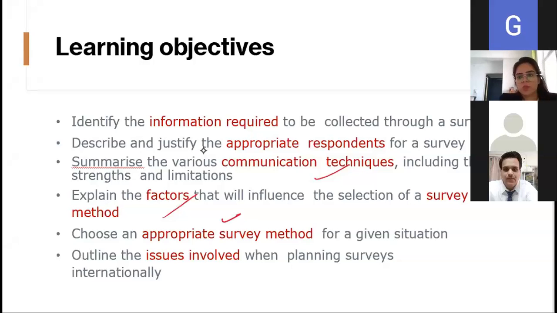Which one is cheaper, which one is not, whether your respondents can fill the online questionnaire, whether you have that much time, or is it something that needs more interviewer interaction with the respondent? So basically go for personal interviews over self-administered interviews. We'll discuss all this in detail.